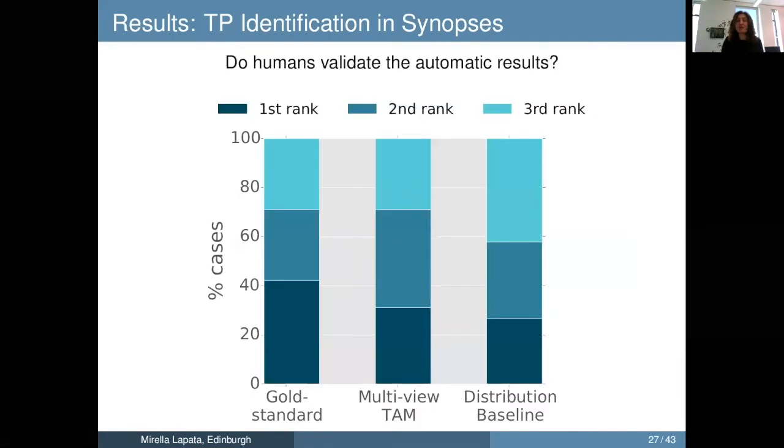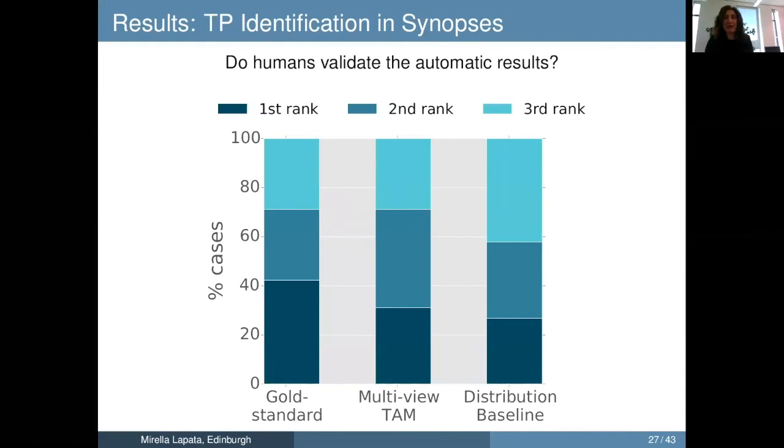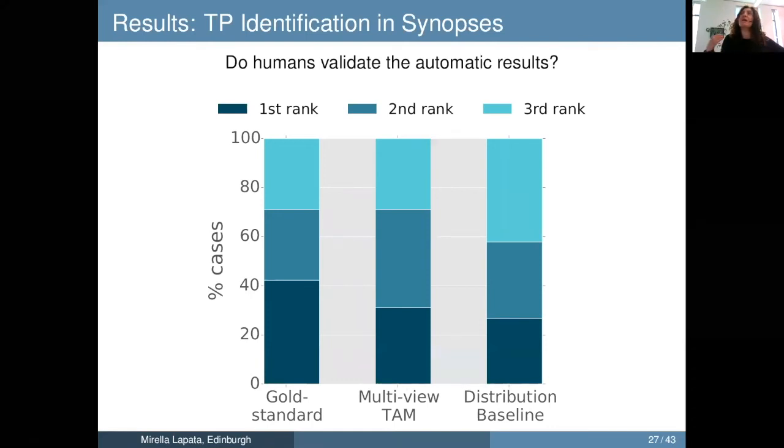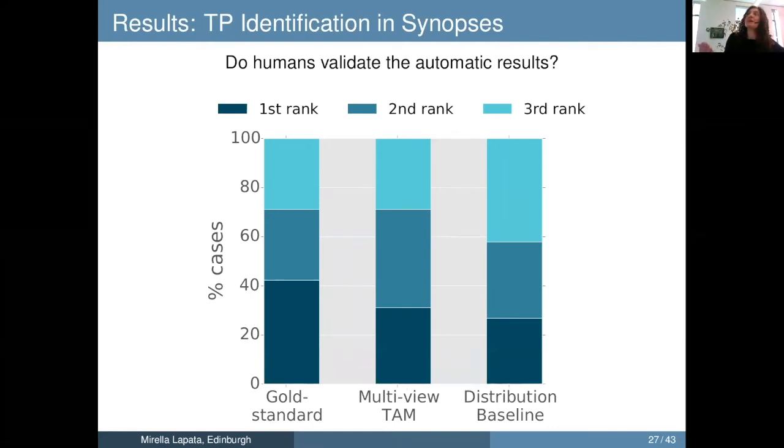We also gave these things to humans to assess. Let me actually take you through this graph. So we gave humans the synopsis and annotations of turning points, and we asked them to rank these and tell us whether this identifies the turning points well, badly, or whatever.